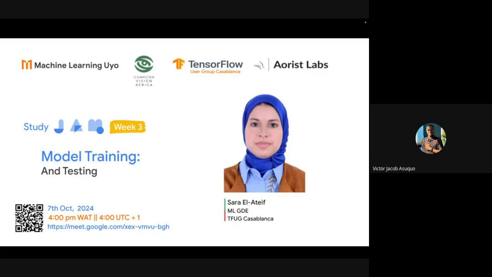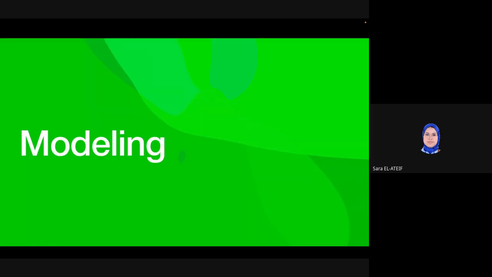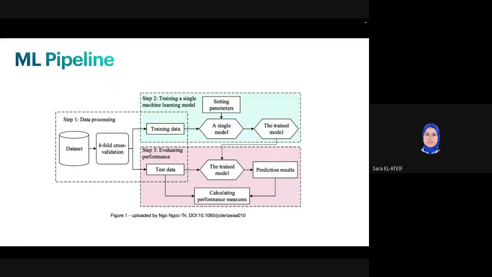Okay. So, hello everyone. This is our third session, and today we'll be talking about model training and testing. Previously, we saw what AI was, and the difference between machine learning and deep learning.